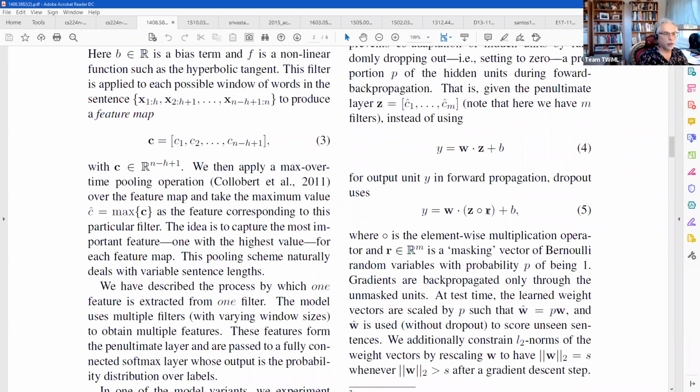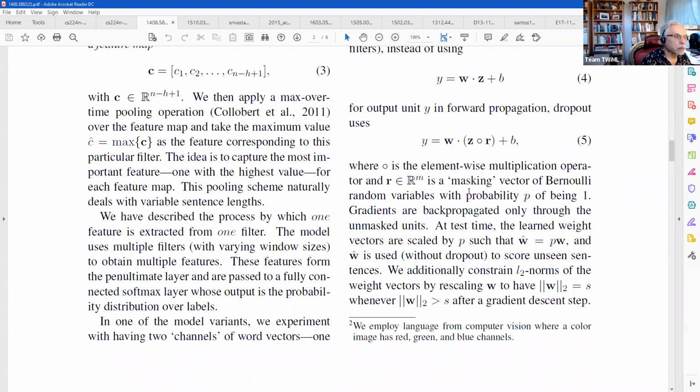So if the Bernoulli random variable is 0, that knocks out this dimension, right? Or makes it 0. Gradients are backpropagated only through the unmasked units.